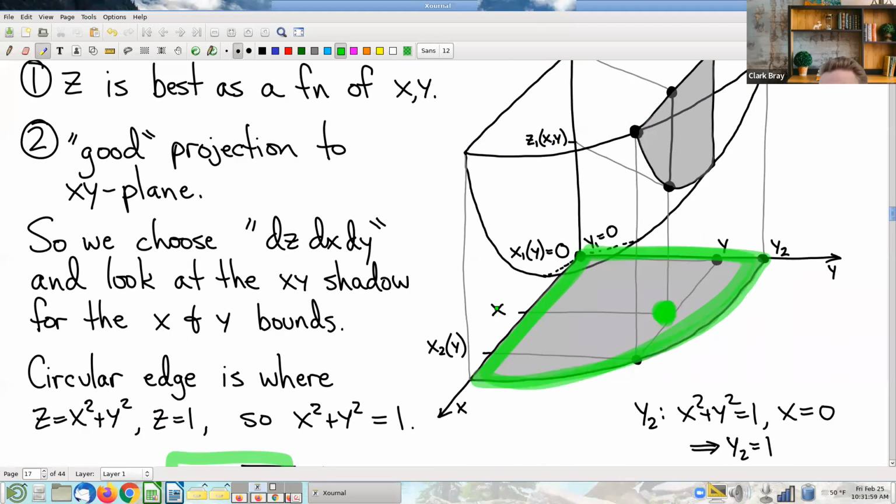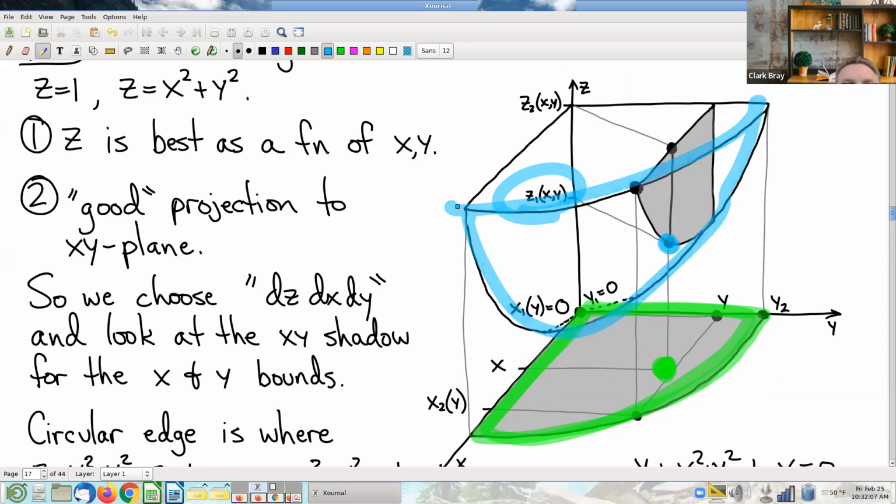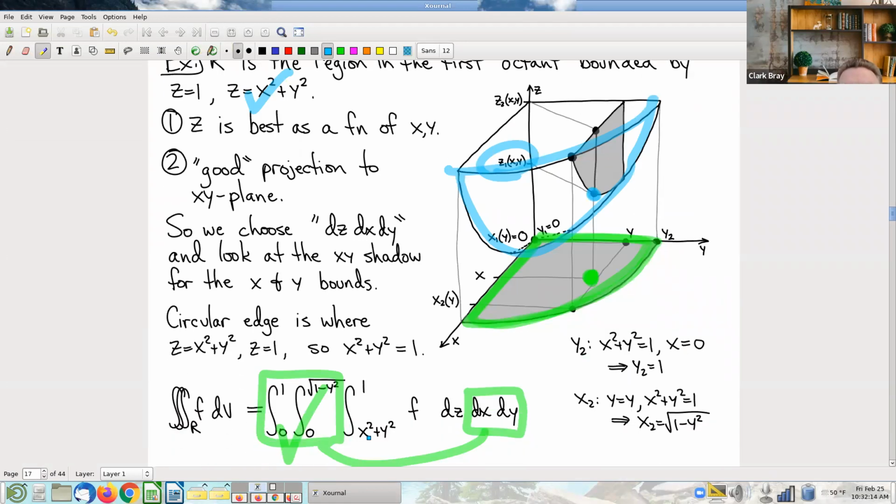So with X and Y fixed, my lower bound for Z is going to come from that point, which is always on that surface, which has that equation, which gives me that for the lower bound. And my upper bound is going to come from that point, which is on that surface, which has that equation and gives me that upper bound.